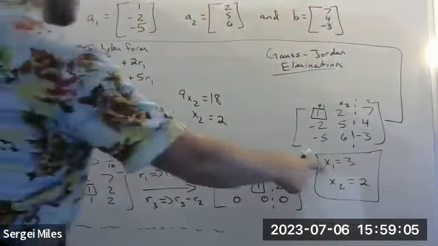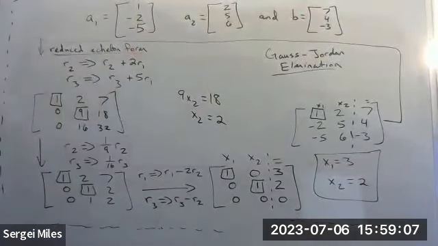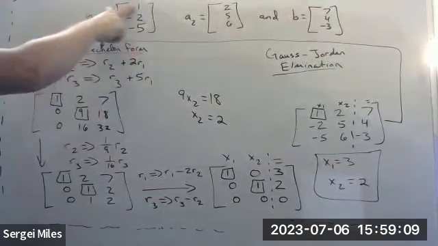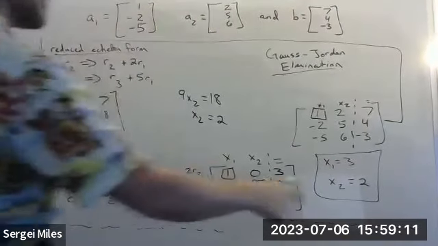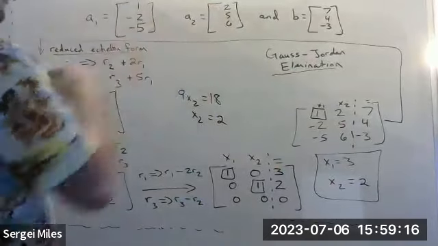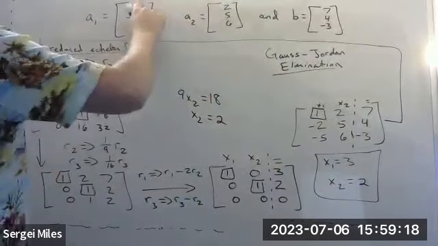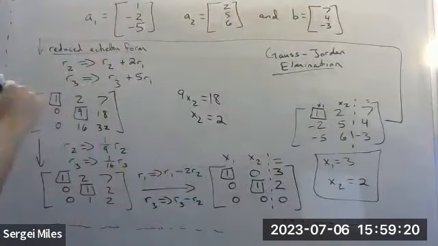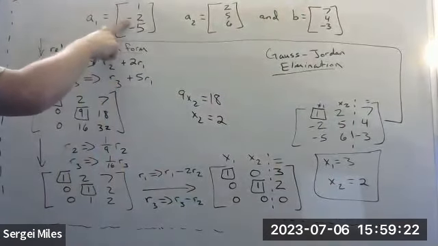Well, this says if I take 3 times A1, so 3 times 1 is 3, plus 2 times A2, well, 2 times 2 is 4. 4 plus 3 gives me the 7. Great. 3 times negative 2 is negative 6.